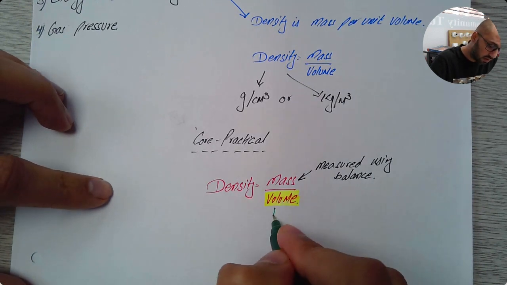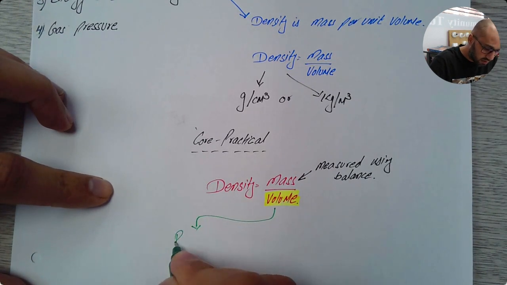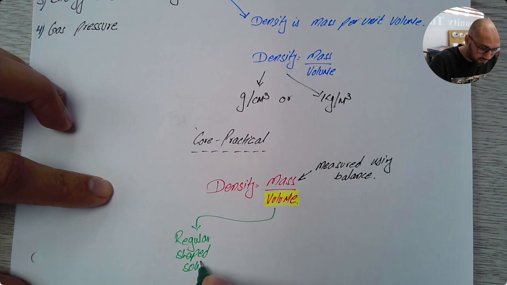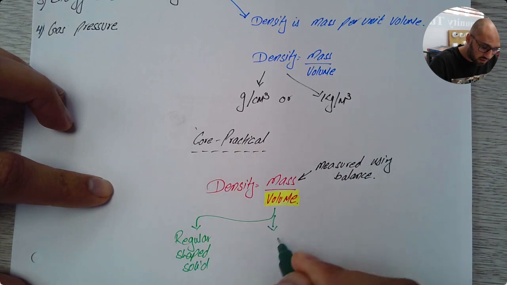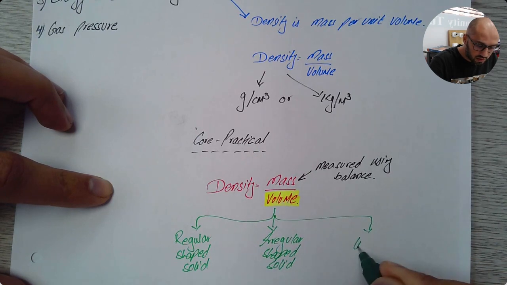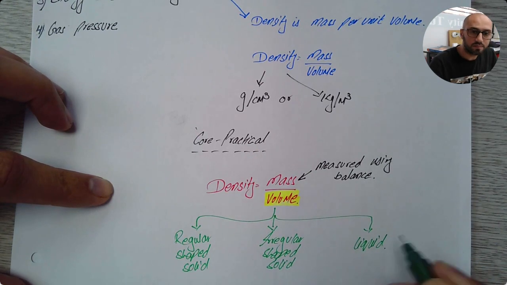So we can say we may have regular shaped solid. We may have irregular shaped solid. And the last bit is we may have liquid.